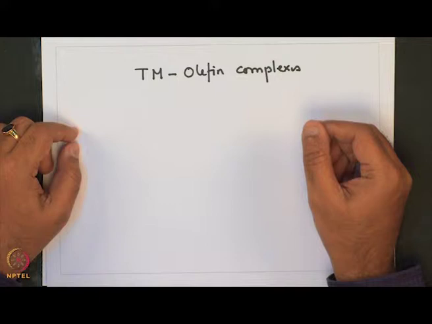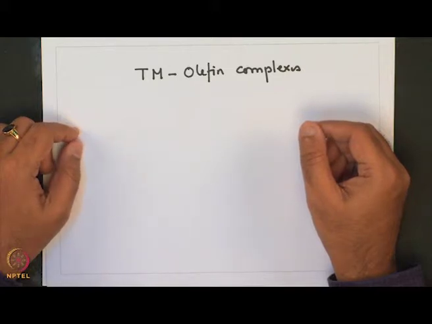These complexes are important catalytically, and also these complexes were among the first to be synthesized, starting with the Zeise's salt way back in 1827, and subsequently some more transition metal olefin complexes were synthesized.